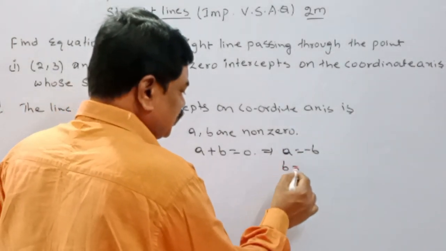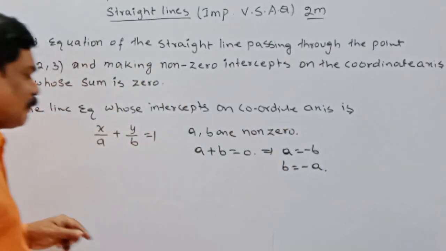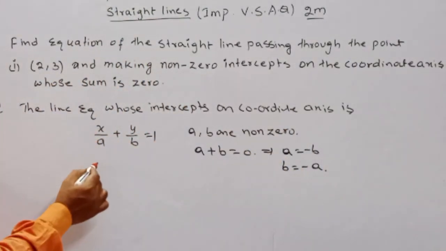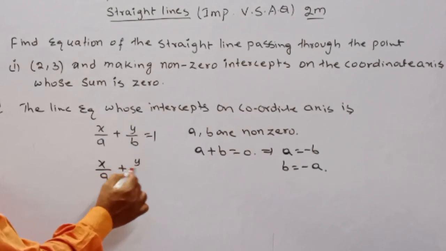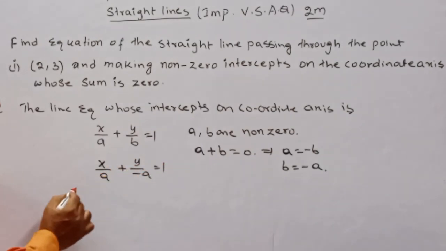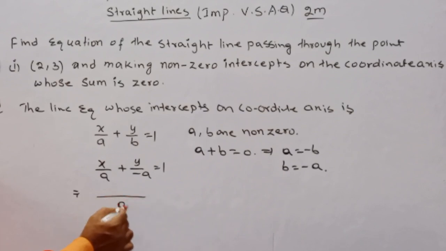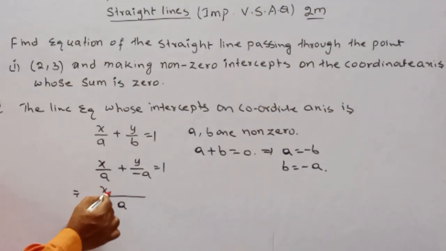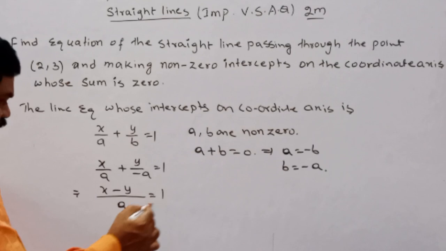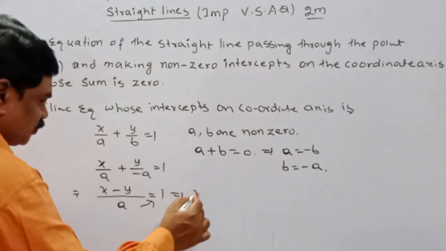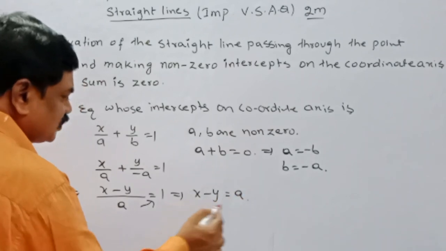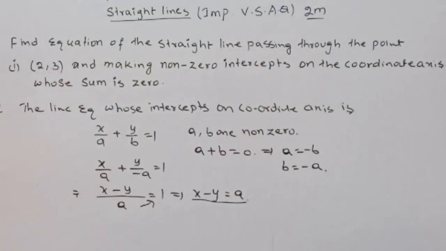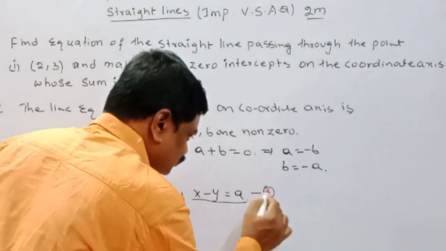So, b is equal to what? Minus a. Then you have to substitute here x by a plus y by minus a is equal to 1. So, LCM a, this is x minus y is equal to 1. By cross multiplication, x minus y is equal to a is the line equation, equation 1.